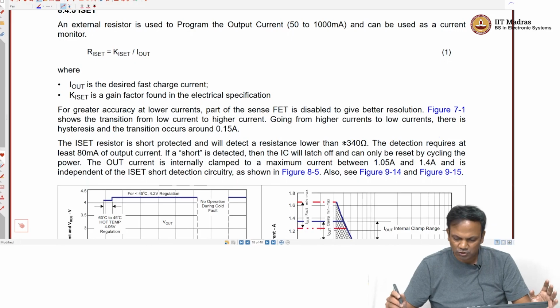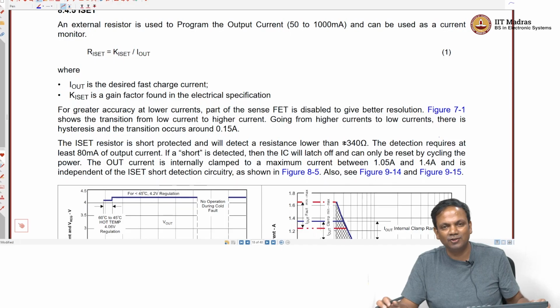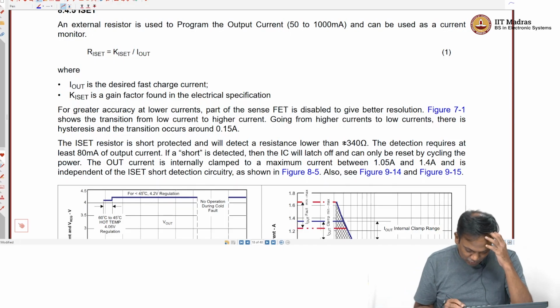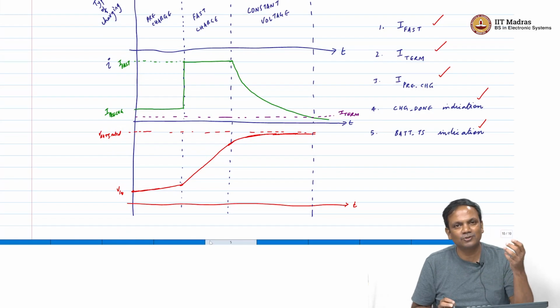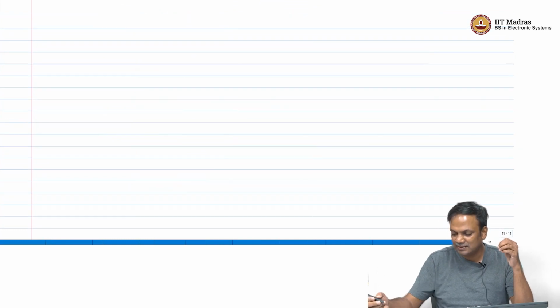Right. So, those were the first set of points to be looked at from the data sheet itself. What we will now attempt to do is put this together in the form of a schematic.